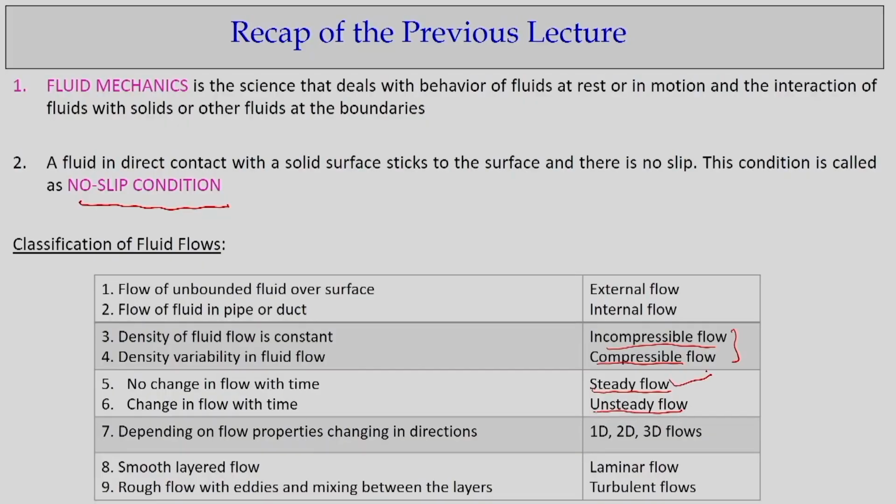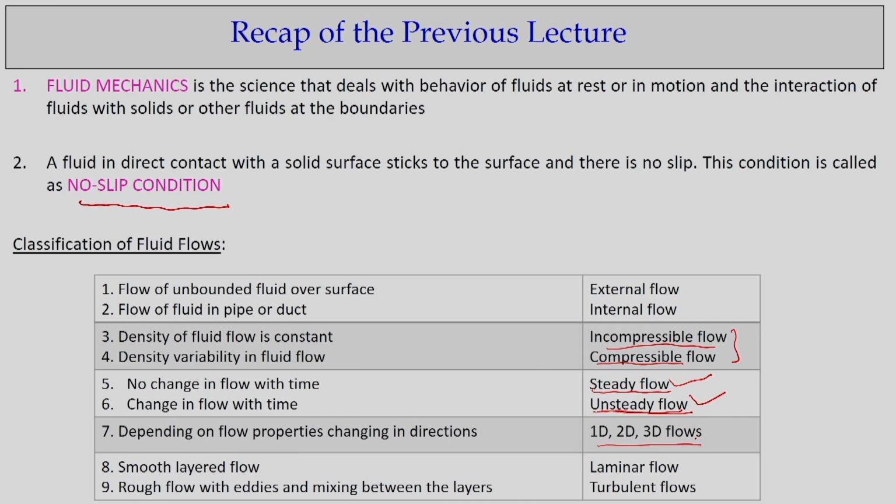That is the assumption we can take and solve the problems. That is the steady problem. Similarly, we can have unsteady flow, where the flow properties like density, velocity and pressure vary with time within the flow domain. In that case we have unsteady flow.